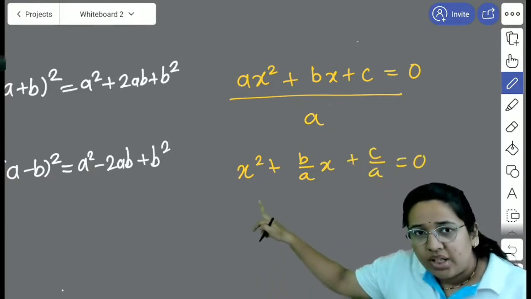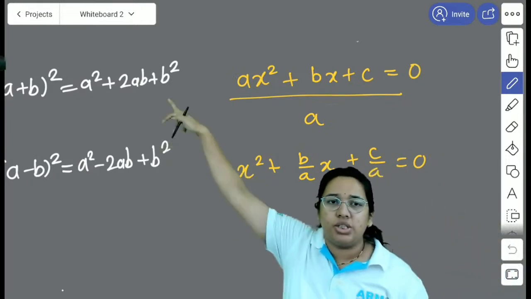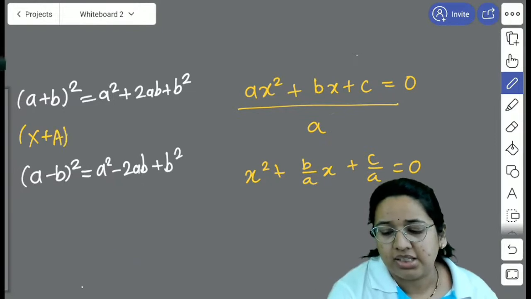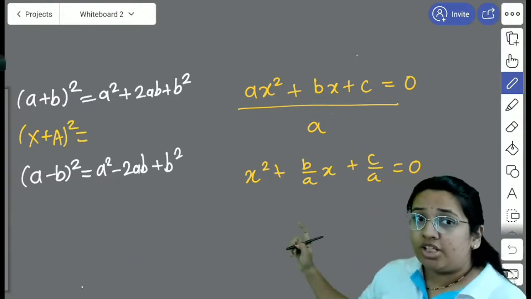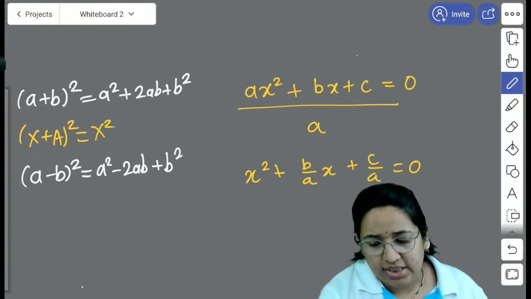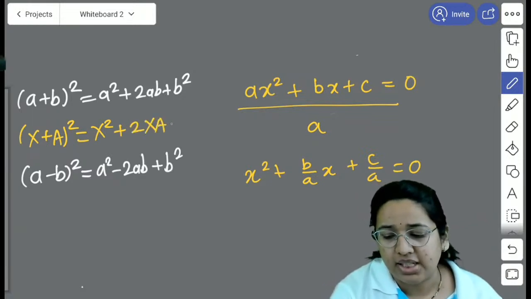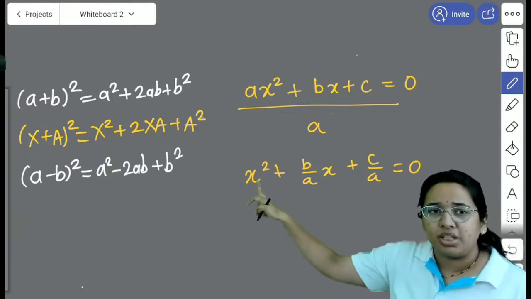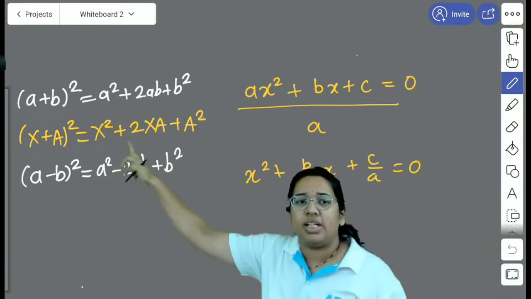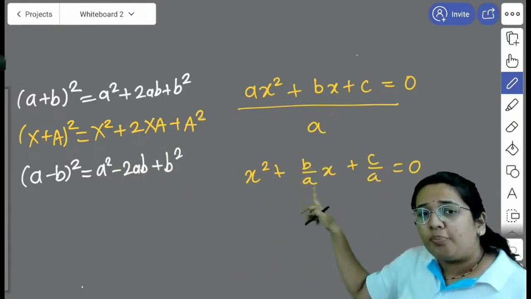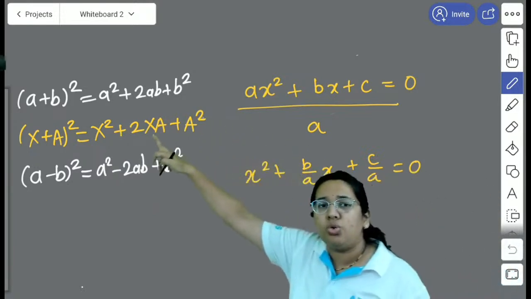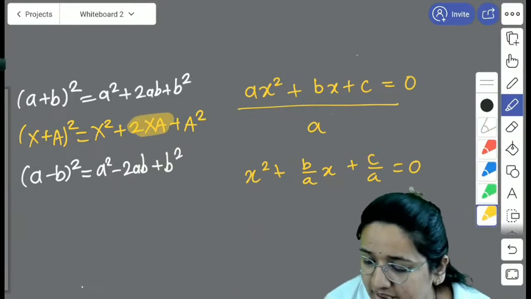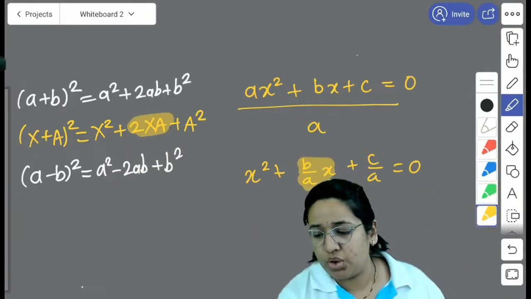Now, x square is there. If you use such an example, (x plus a) whole square, what will be its expansion? x square plus twice xa plus a square. So I can see I have a term x square, so obviously we can cancel this out, and for b upon a times x and 2 times xa, we just have to compare these two terms.